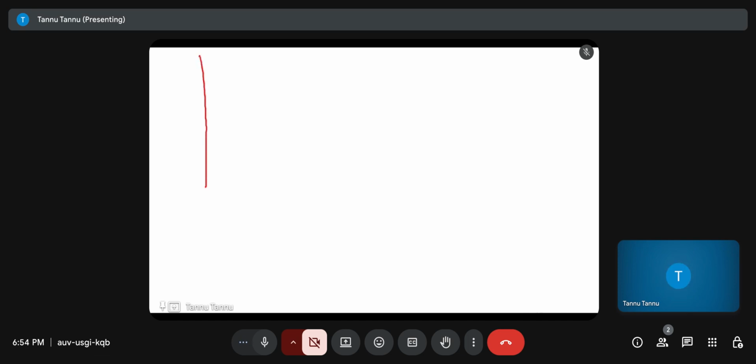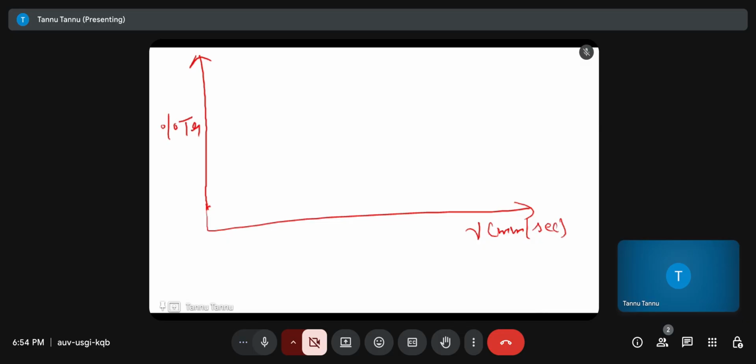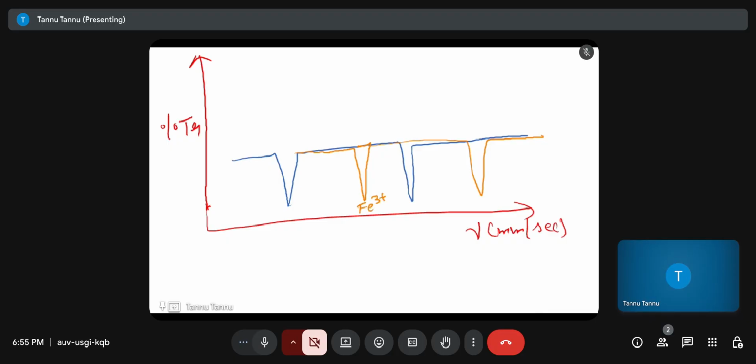So the spectra you get, this is for Fe3 plus, this is Fe2 plus, this is Fe3 plus.